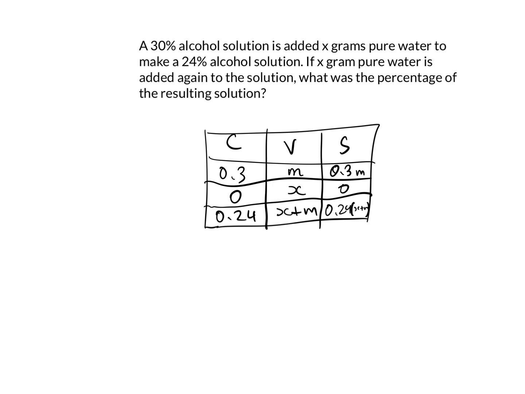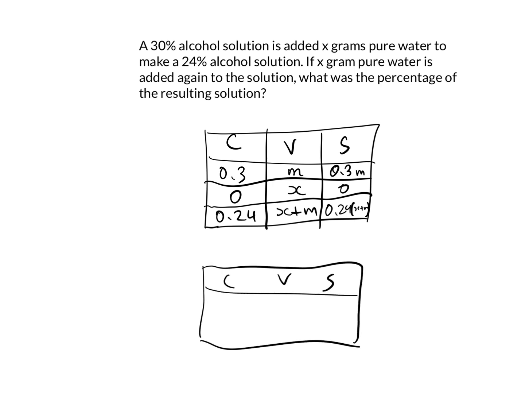Right? Now we know this, what can we proceed to do? Well, in step 2, I'm going to draw another table. Sorry if the lines are a bit wiggly. Now we can just simply write 0.24 times X plus M. Now we have to write in our other solution, which is going to be 0 times 0, because this is pure water.